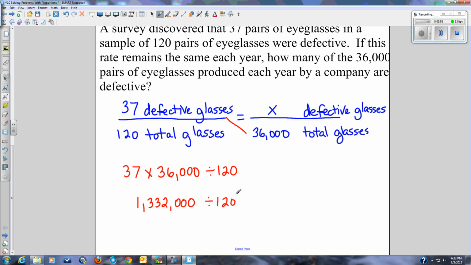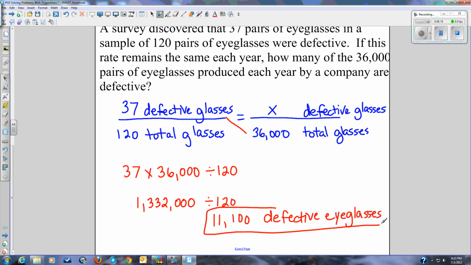And then we divide that by 120, and we end up with 11,100 defective eyeglasses. So 11,100 of the 36,000 total glasses produced by that company would be defective.